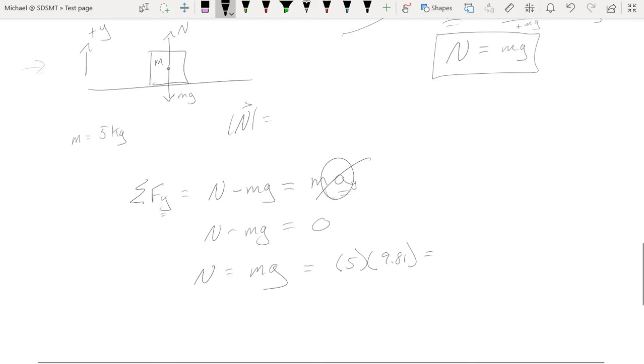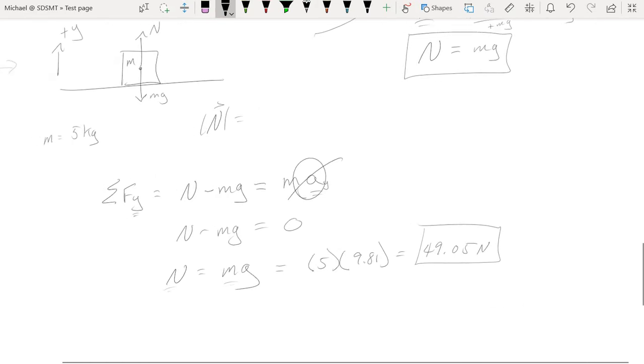That's part of the 10-step problem-solving process. We have 5 times the value of gravity, which is about 49.05. And both of these are forces, so regardless of which one we're measuring, they're both going to have magnitudes of 49.05, but they will have units of newtons.